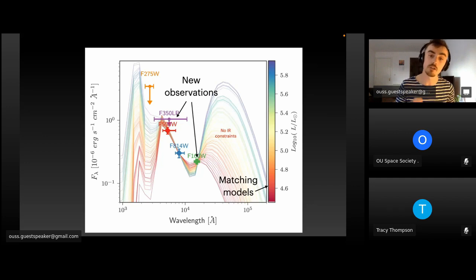The colored markers are our 2021 observations. And you can see that there are a lot of models that can match a star surrounded by dust. Although we have a lot of information in the visual, we have nothing in the far bands, the IR bands, which I'll return to in a couple of slides.